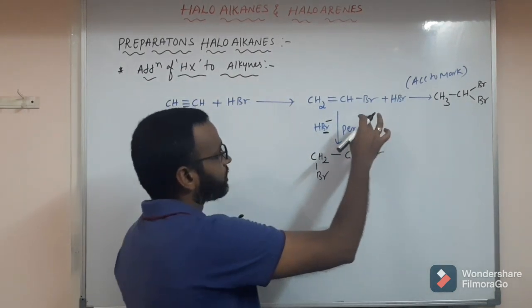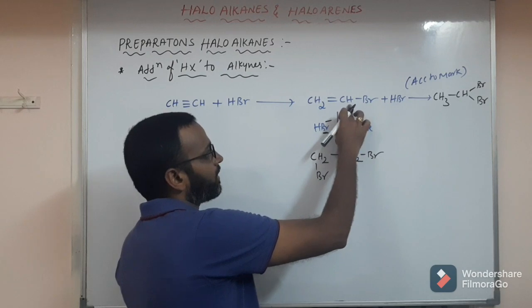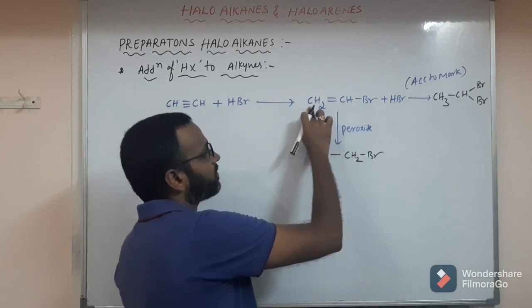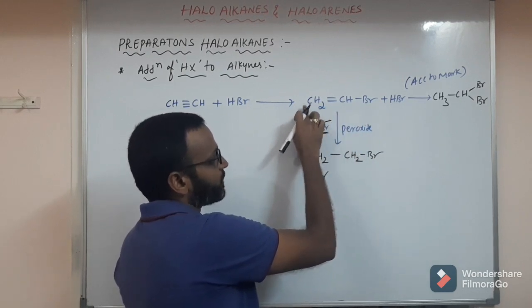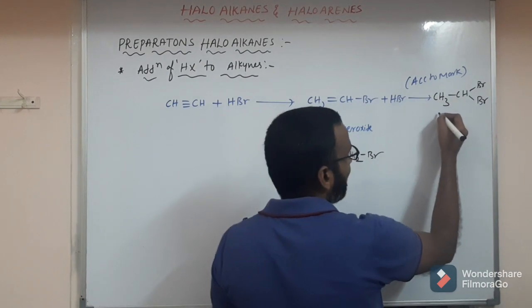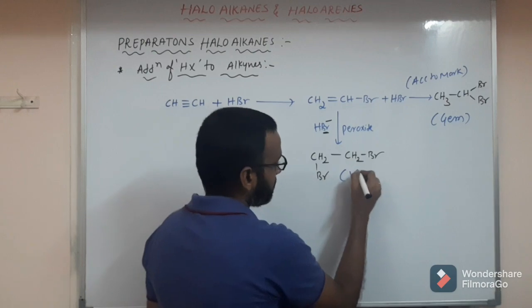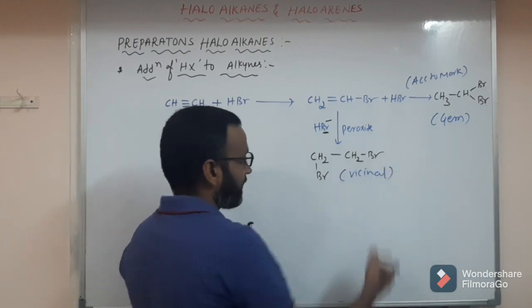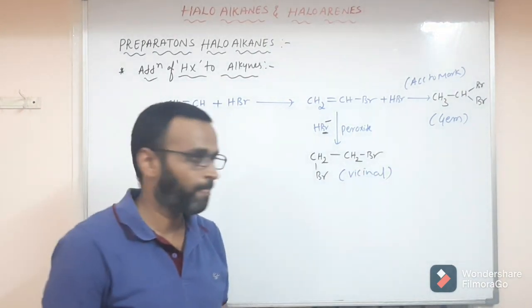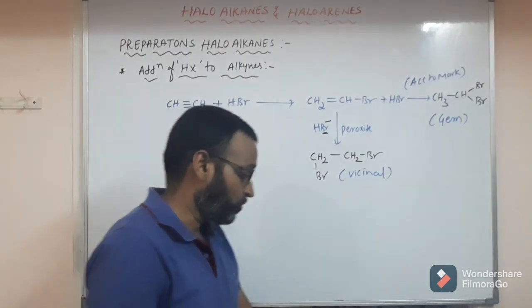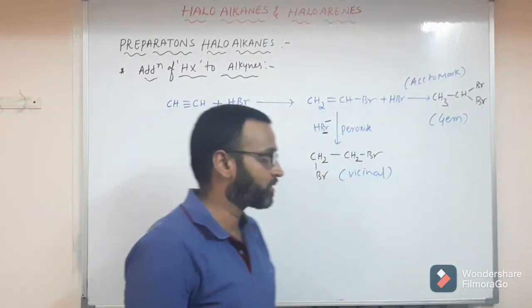So here Br minus will come over here, and here will have H. So according to Markovnikov, this is a gem dihalide and this is a vicinal dihalide. Most important thing. Very, very important for us.